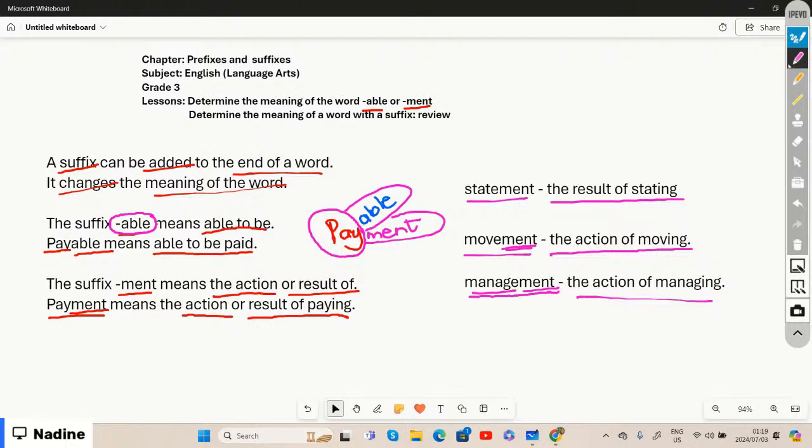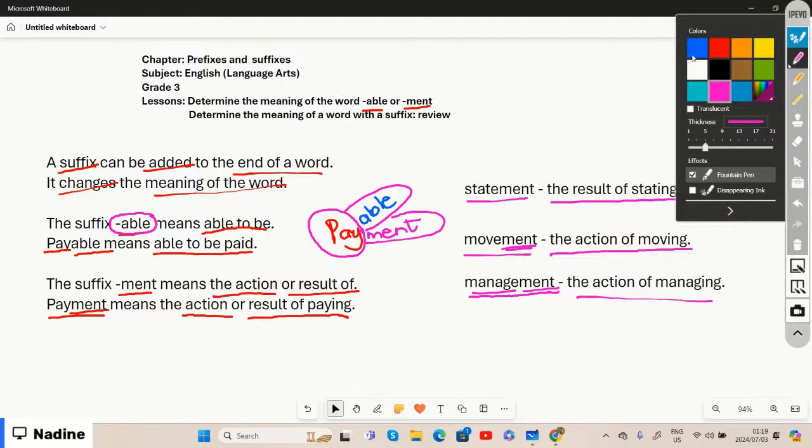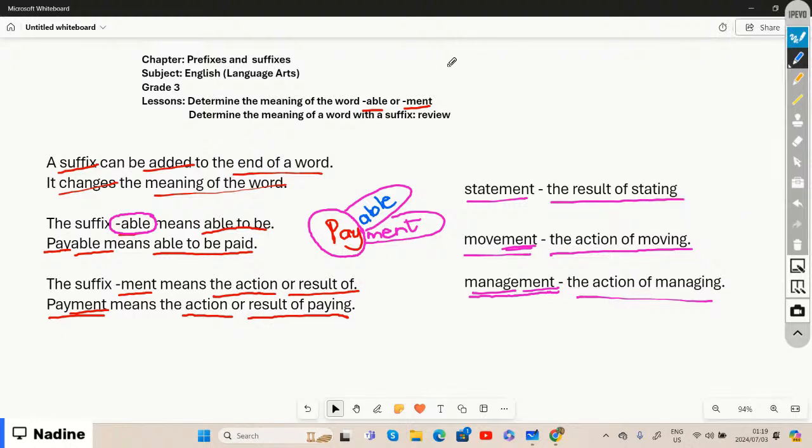We can think of words like drink, drinkable, meaning that you are able to drink that water. So it's drinkable.